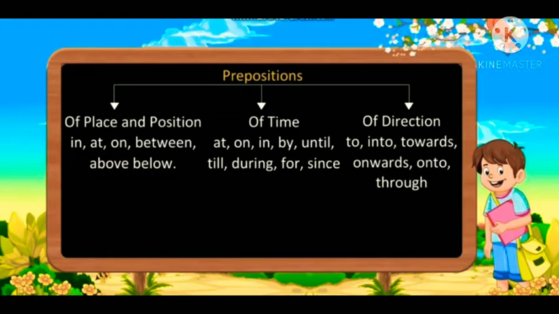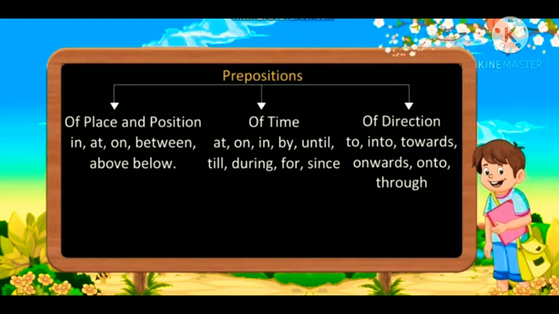In this chapter, we will learn about three kinds of prepositions. First is preposition of place or position, preposition of time, and preposition of direction. So let's have a few examples of each kind of preposition. Firstly, preposition of place and position: at, on, between, above, below, etc. Preposition of time: at, on, in, by, until, till, during, for, since.